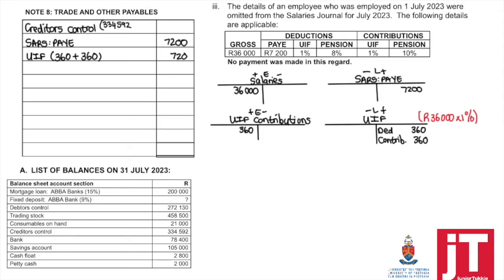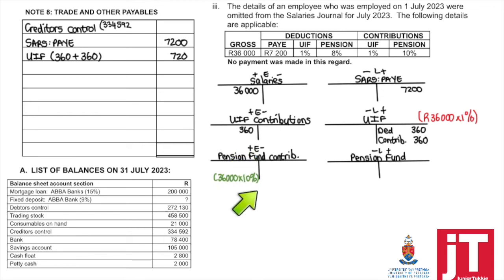The same is applicable with regards to the pension fund. 8% is deducted and 10% is contributed. That 10% is an expense to the business, which means that will appear in your statement of comprehensive income, 3,600. But the 8%, 36,000 times 8%, is deducted.